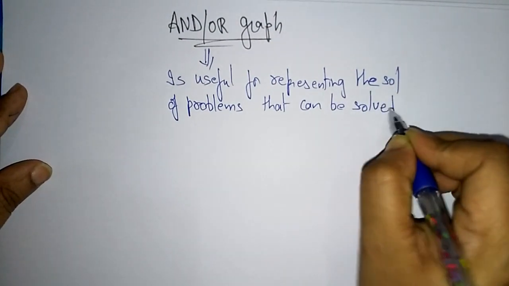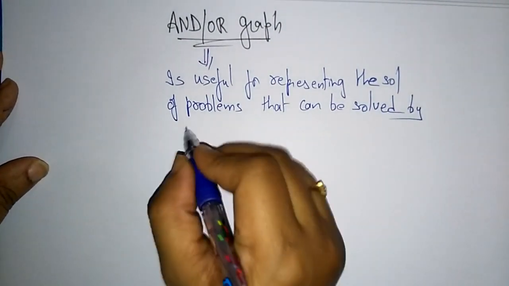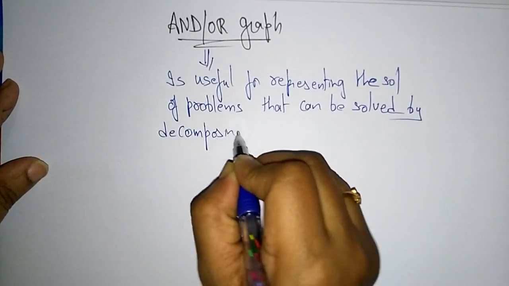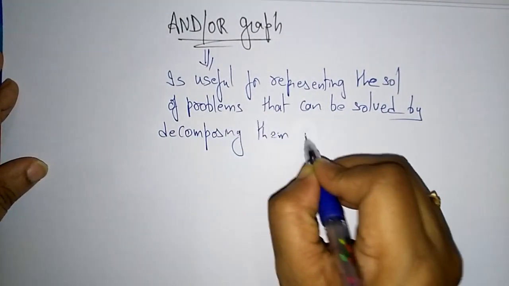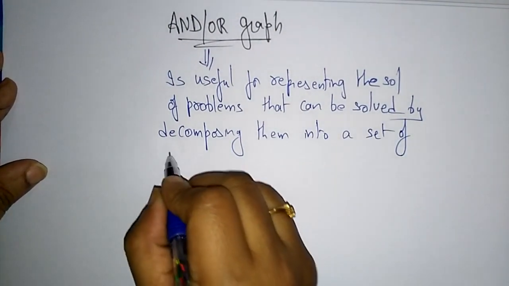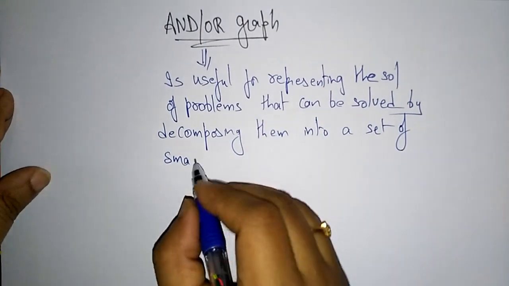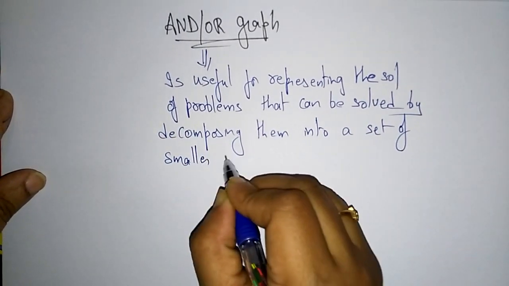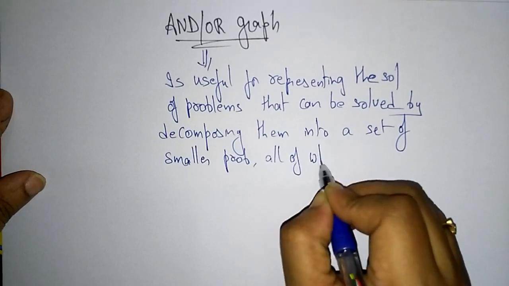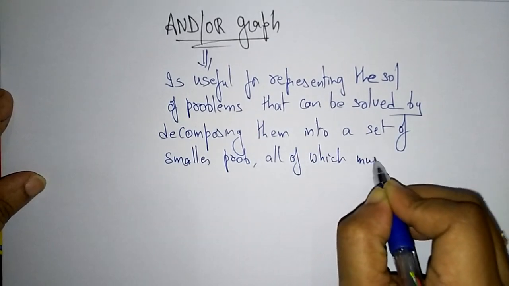How can it be solved? That can be solved by decomposing them into a set of smaller problems, decomposed into a set of smaller problems until all of which must be solved.